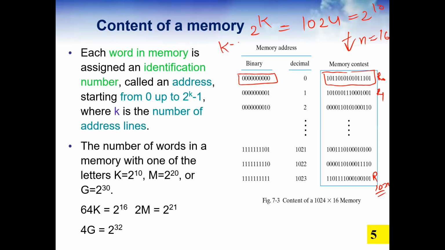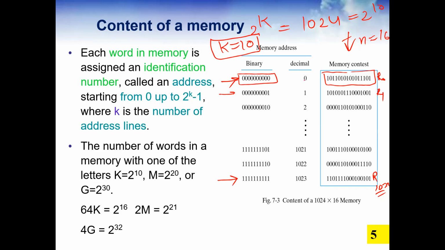It means k will be 10, so I need 10 binary bits to have a total of 1024 different addresses. The first address will be all 0s, the next will be all 0s ending in 1, and the last address, with all 10 bits, will be 1111111111.